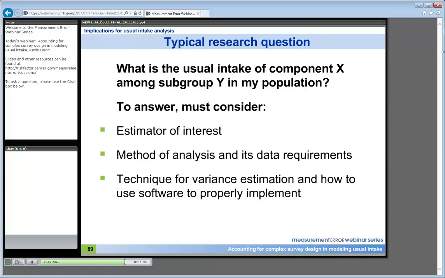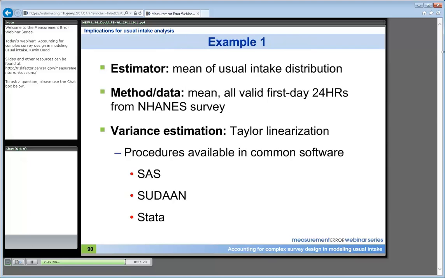Is it something that you can use the standard survey analysis procedure for in SAS, SUDAAN, or something like that? Or do you have to use a special software package? And if that special package isn't survey-aware, how do you trick it into giving you results that you can use as part of, for example, a resampling approach to estimate standard errors?